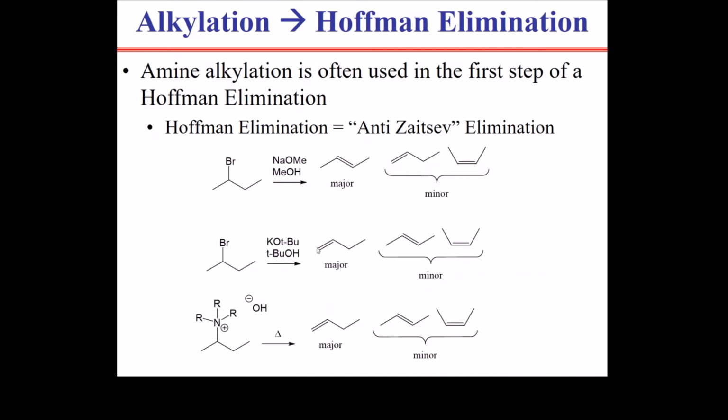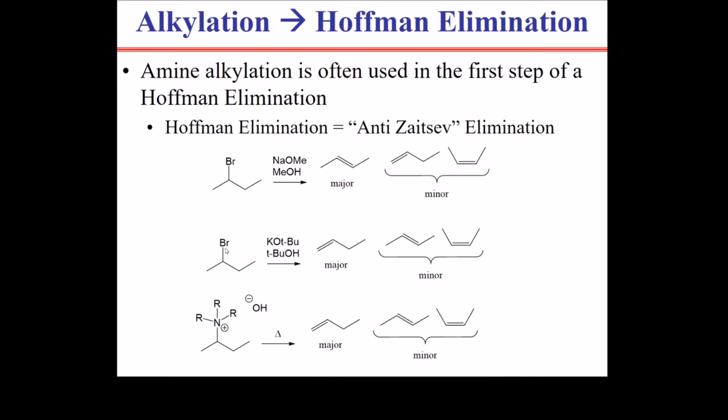When I taught this earlier, I called this an anti-Zaitsev elimination, simply because it fit nicely when we talked about Markovnikov and anti-Markovnikov addition reactions. But the more common way of talking about this is to call this a Hofmann elimination. And the Hofmann elimination is best characterized by eliminating a large, bulky leaving group.